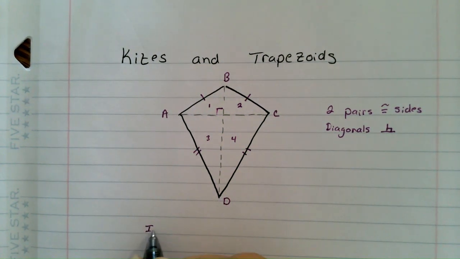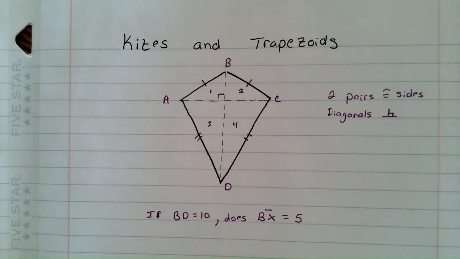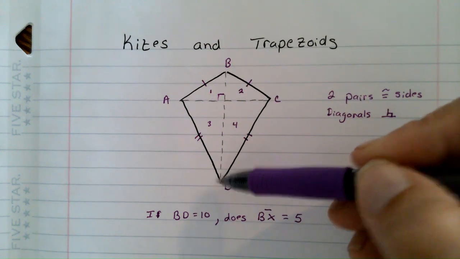So if BD equals 10, does BX equal 5? BD is from here to here.